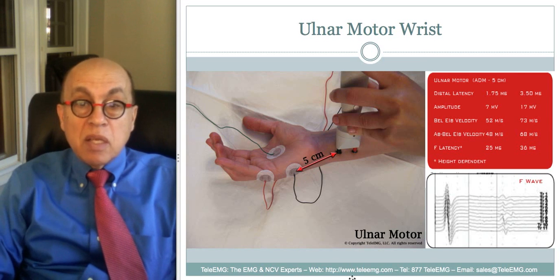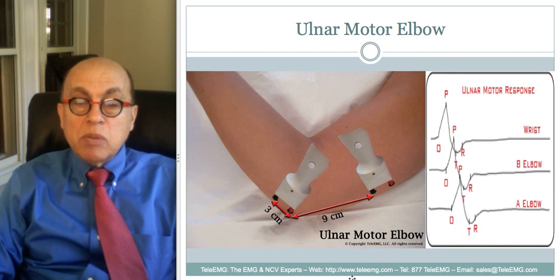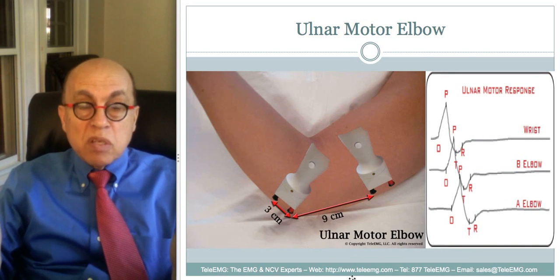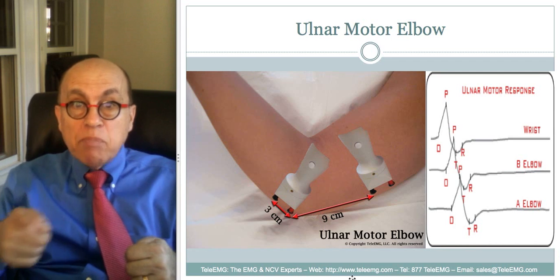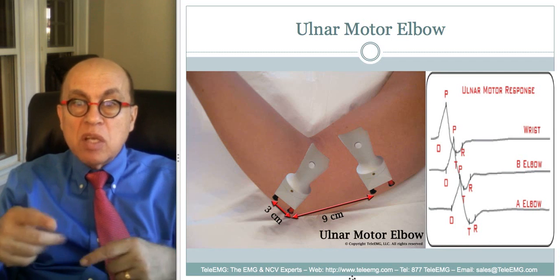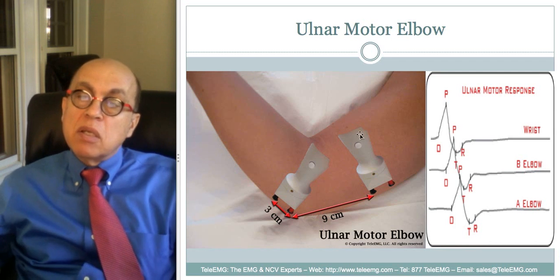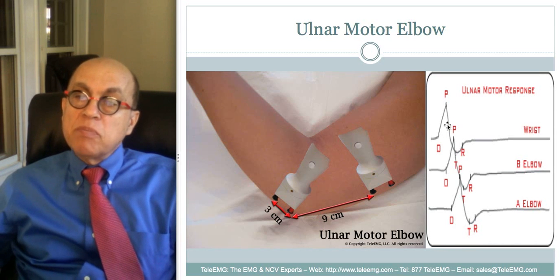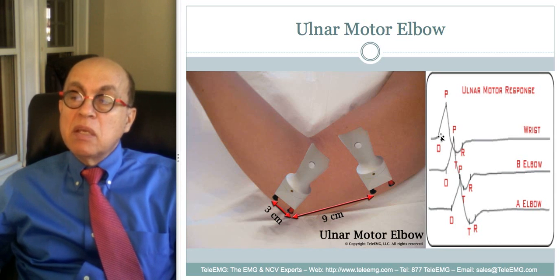Then we stimulate the ulnar nerve below the elbow. I usually use a distance of 3 centimeters below the elbow and above the elbow at a distance of 9 centimeters, for a combined above to below elbow distance of 12 centimeters. And look, we get this response here: onset, peak, trough, and return to baseline. This is from the wrist.